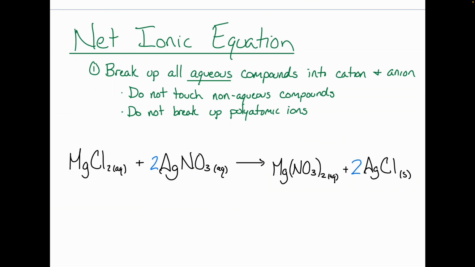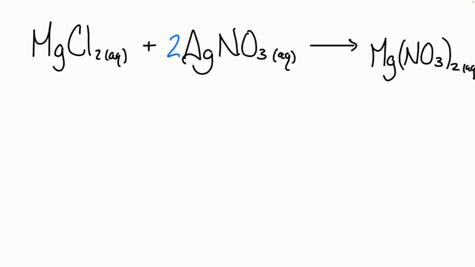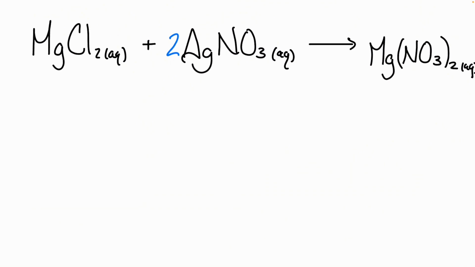All right, so let's go through this, and let me show you what I mean here. Magnesium chloride, I get to an aqueous compound. I'm going to break it up into cations and anions. So my magnesium chloride is going to become the magnesium ion.